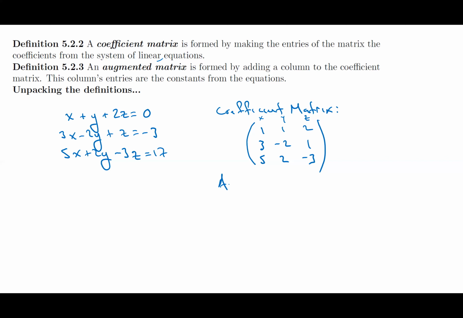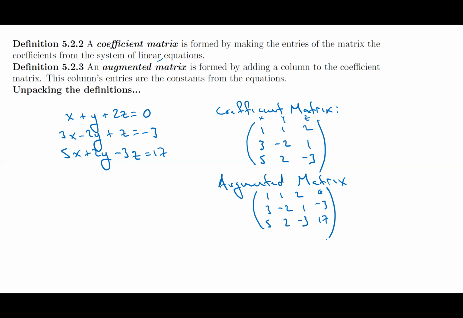Now, if I want to make this what's known as an augmented matrix, then I'm going to take my coefficient matrix, 1, 1, 2, 3, negative 2, 1, 5, 2, negative 3, and I'm going to add that last column here, okay?